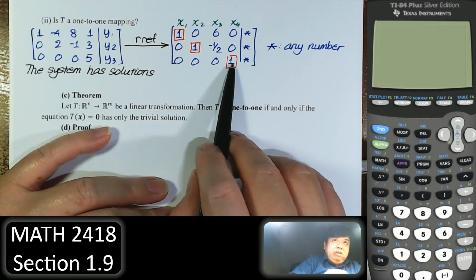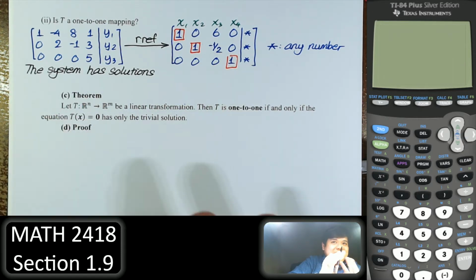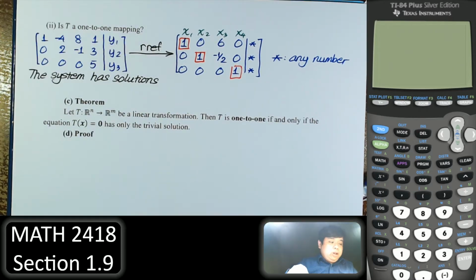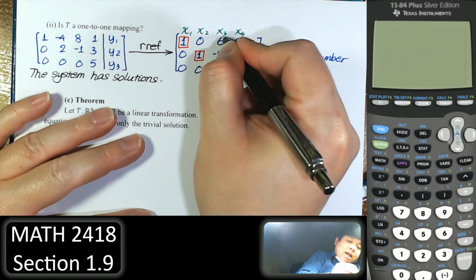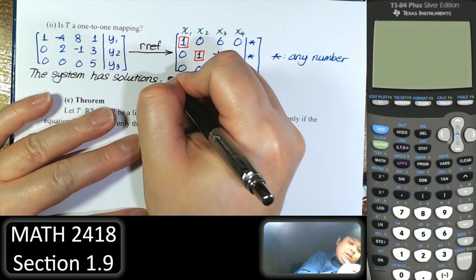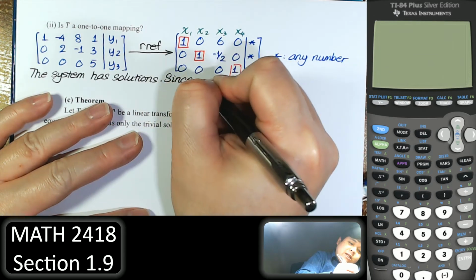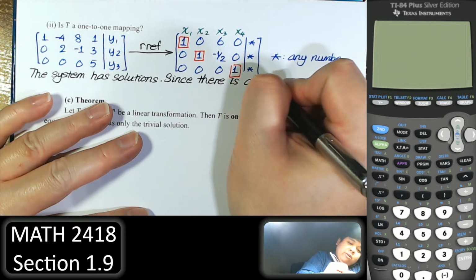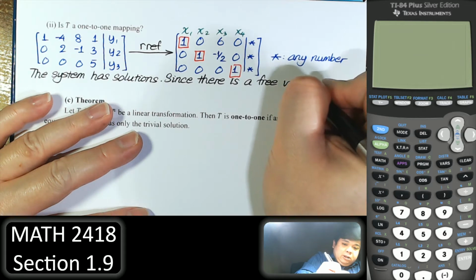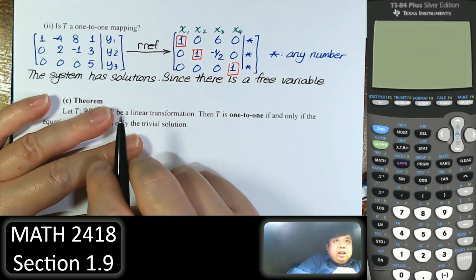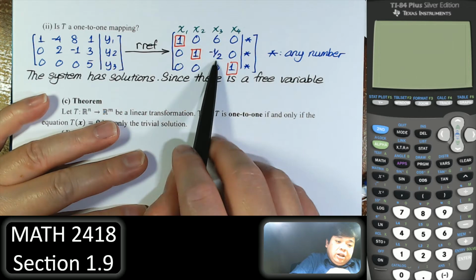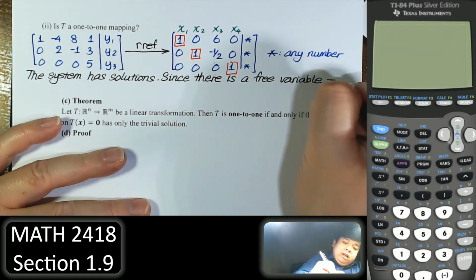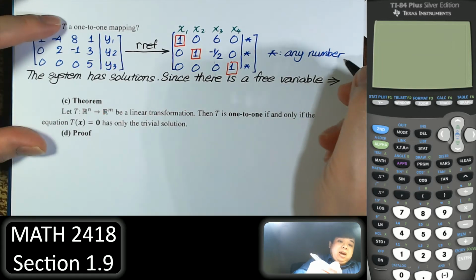We do not have a pivot on the last column, so this guarantees a solution. It has a solution. However, because there is a free variable, in this case x3, there's no pivot on that column. There's a free variable, meaning that we have infinitely many solutions.